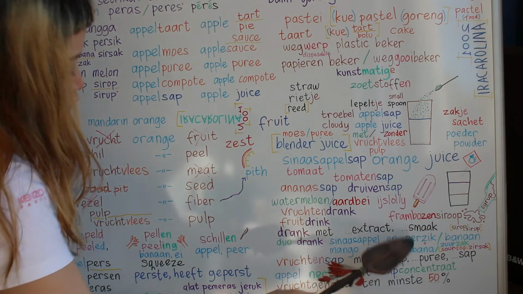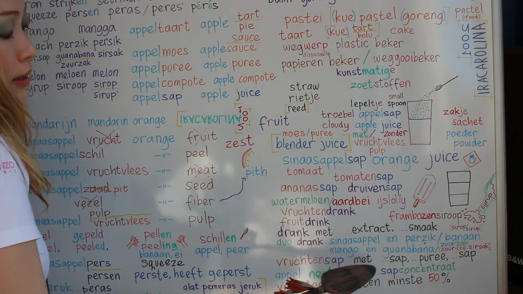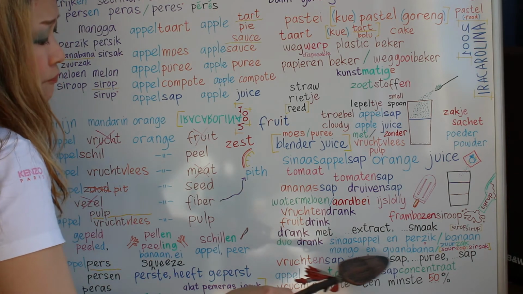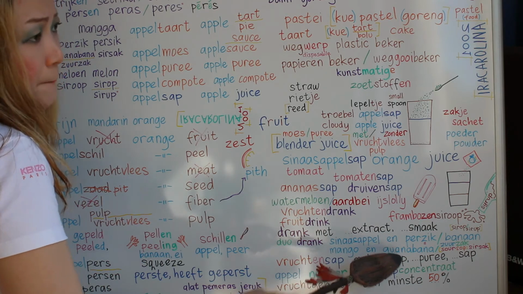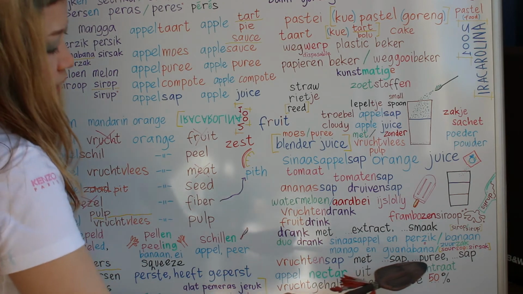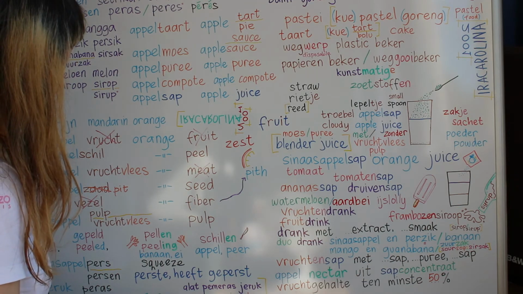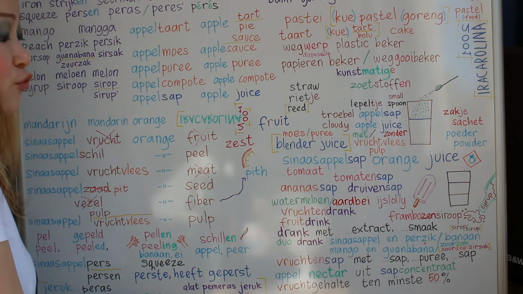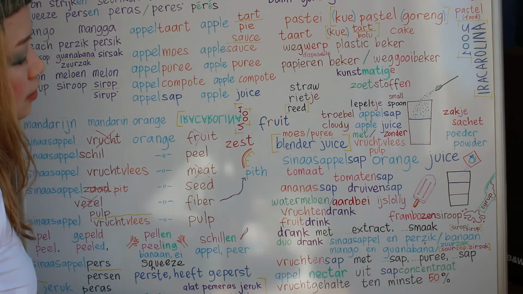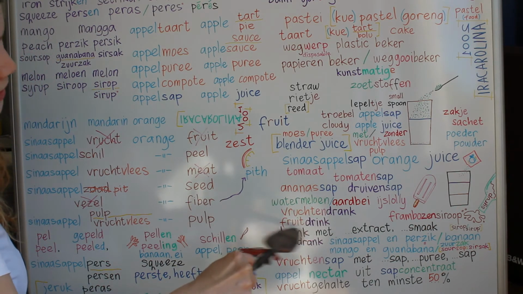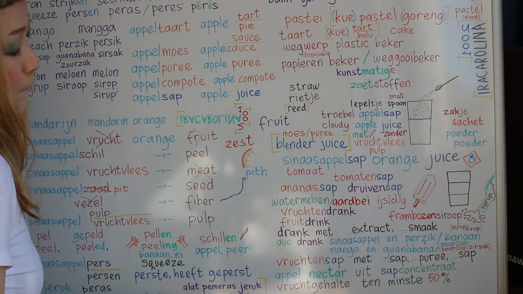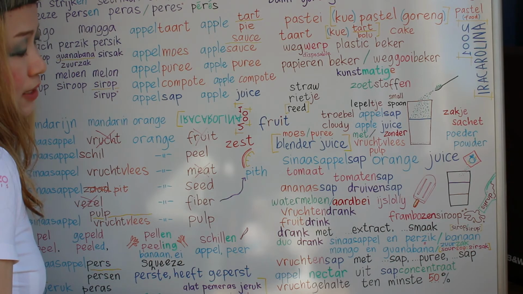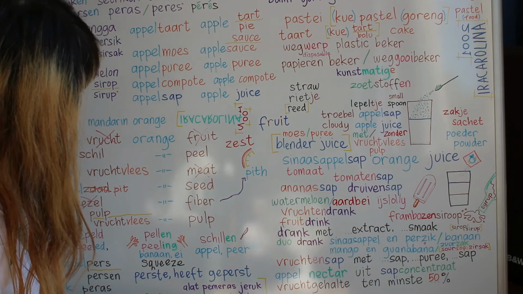After you put any kind of fruit that you want here, it's made of the fruit and then sap, juice, or puree, or sap, juice again. You can say sap when it's 100% made from fruit. And sometimes instead of using this or this, we use this. Apple nectar. Same as English, nectar. Fruit drink.